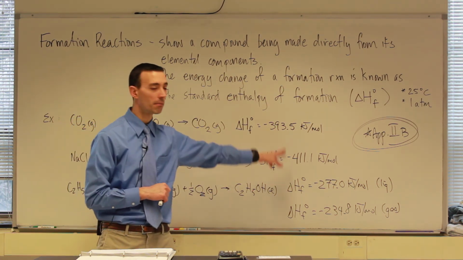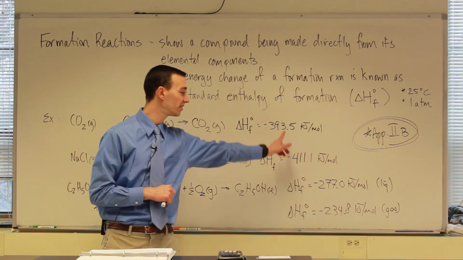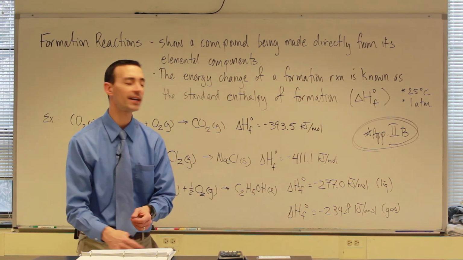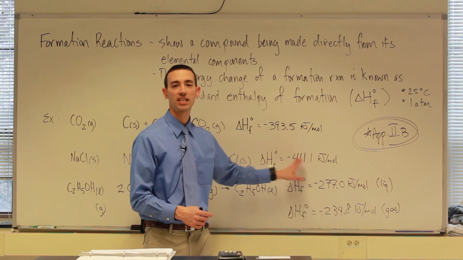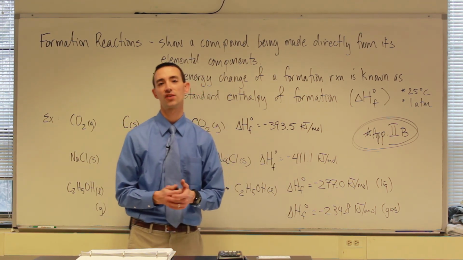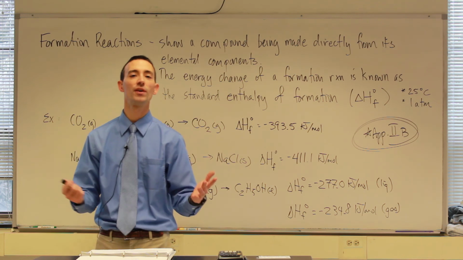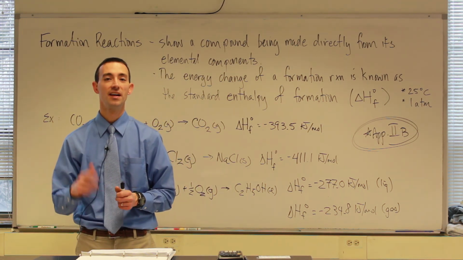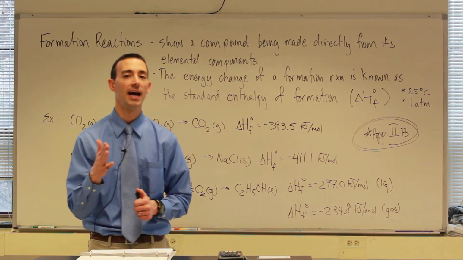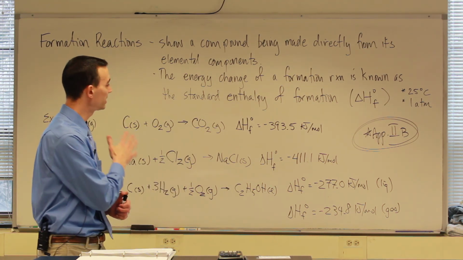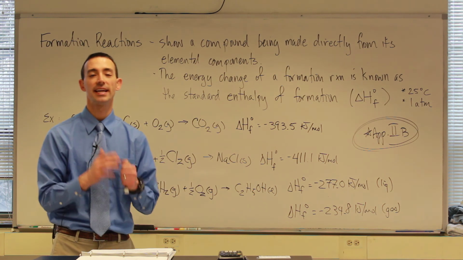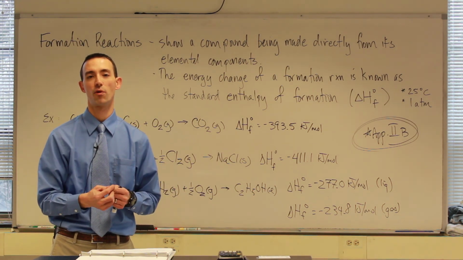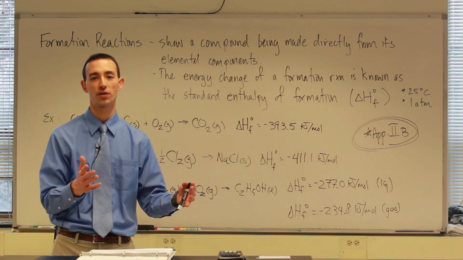And there might be minor variations in these values depending on the sources. So you could be doing the problem correctly, but if you used a slightly different value for one of these delta H formations, you're not going to get the correct answer as far as Mastering is concerned. Right? So I'll take a quick pause here, and when I come back, we'll put these formation reactions into action using them in Hess's law to find the enthalpy change of a larger reaction.